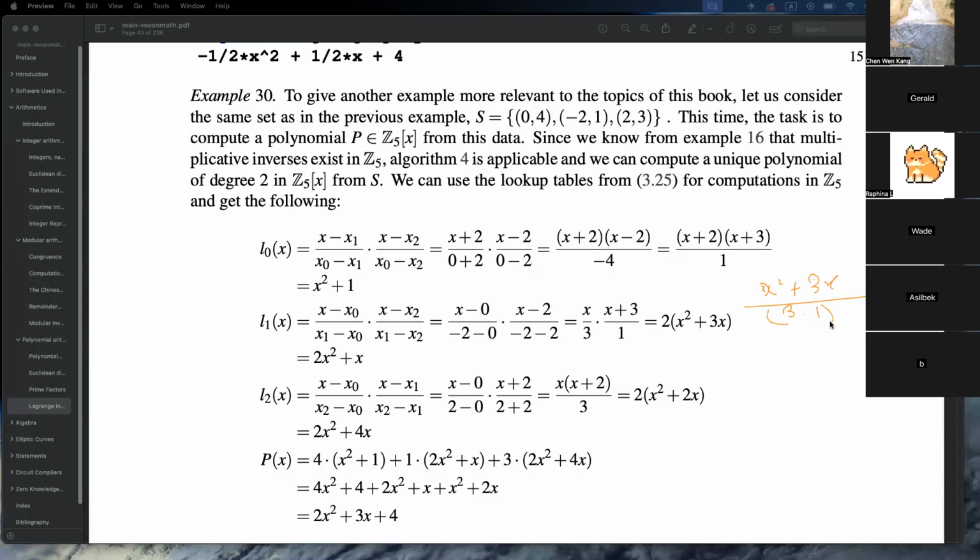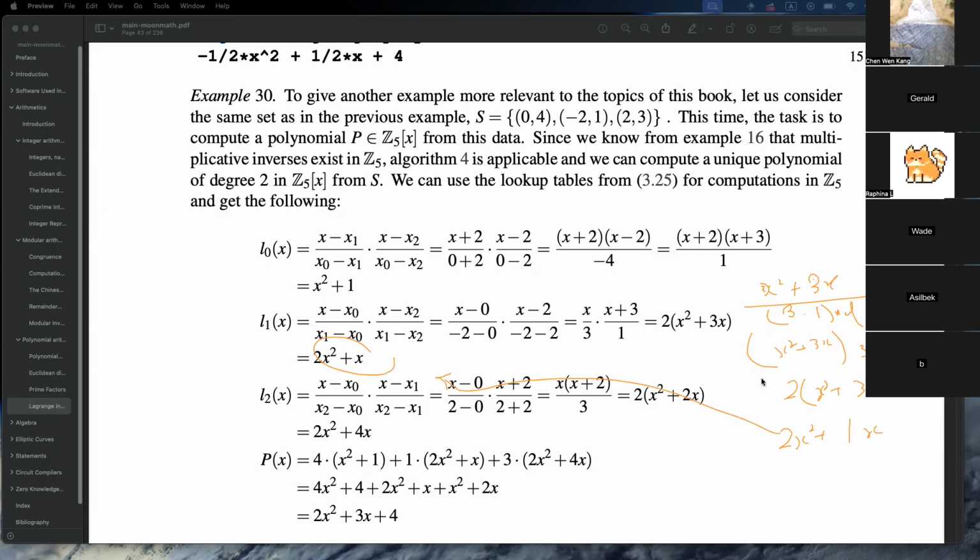Times 1 modular 5. So this is essentially because it's the inverse. So it's x squared plus 3x, and then the inverse of 3, which is 2. So it's 2x squared plus 3x, and that's why you get this. So 2x squared plus 6x, which is 1x. That's why you get this.